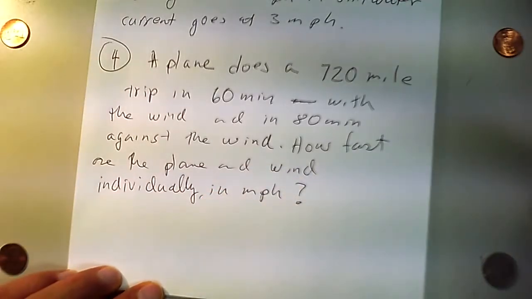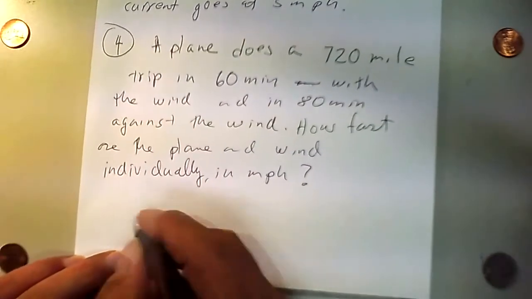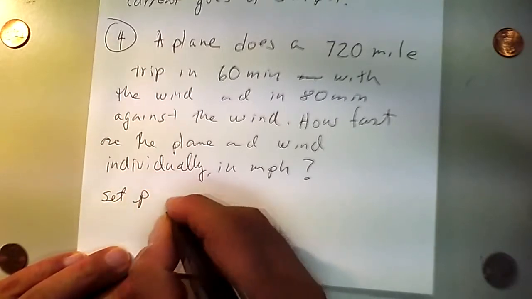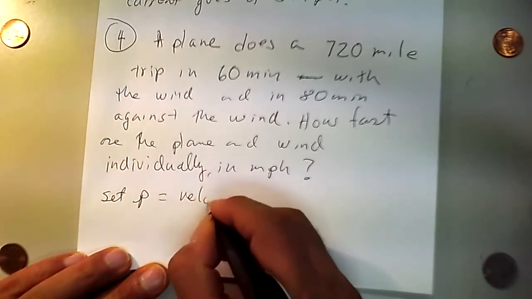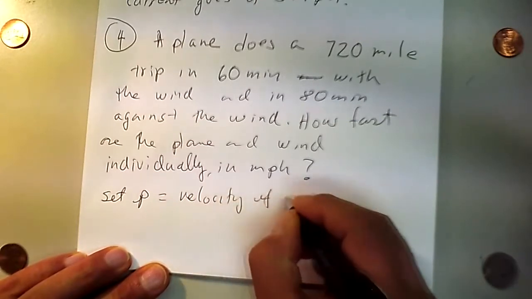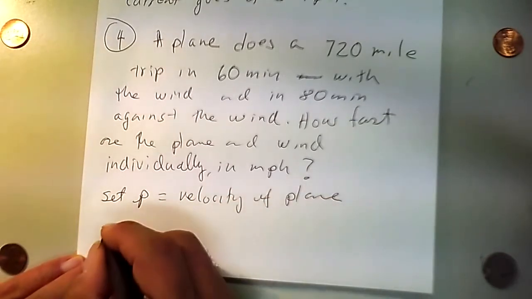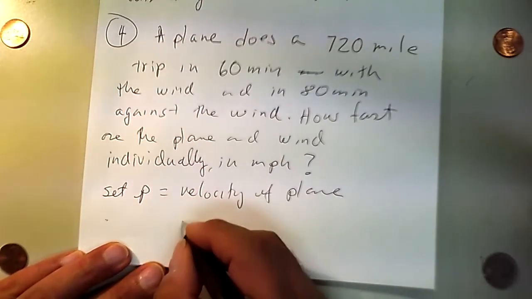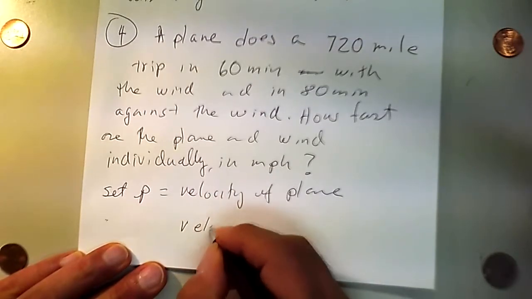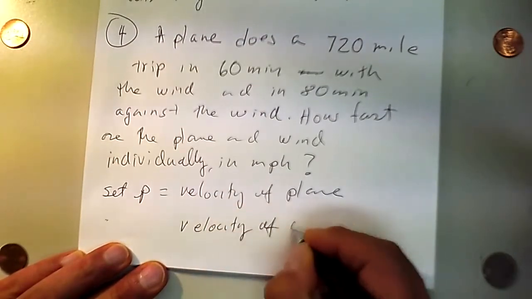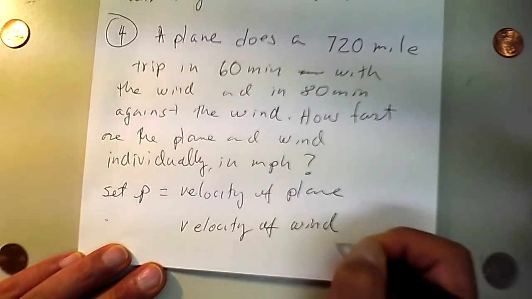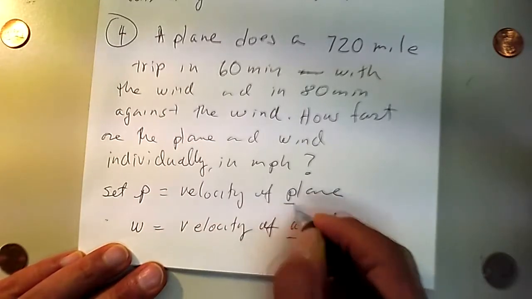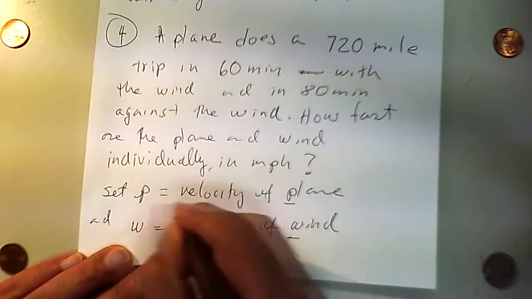Okay, so you probably guess we're gonna set P to be the velocity of plane, and then we're gonna use another letter for the velocity of wind. Of course, it makes sense to use W because wind, P for plane.